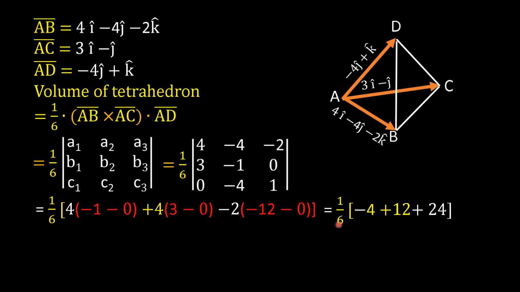So it will be 1/6 times, this will be minus 4, this will be 12, and this will be 24. So we get 1/6 multiplied by 32, which will be 16 by 3 cubic units, which is the volume of this tetrahedron.